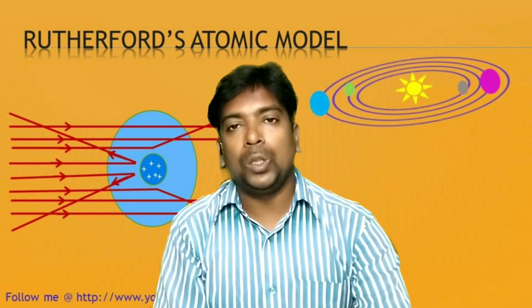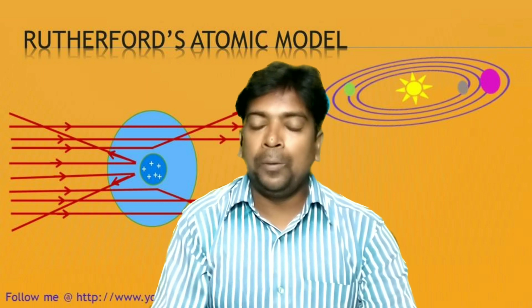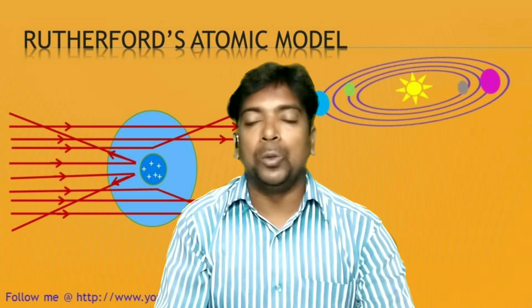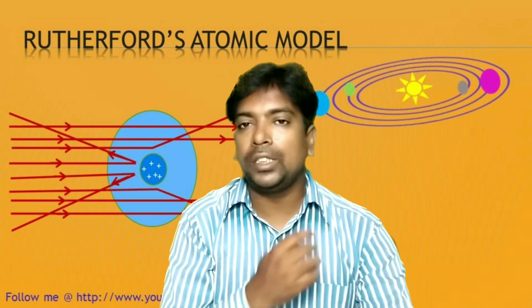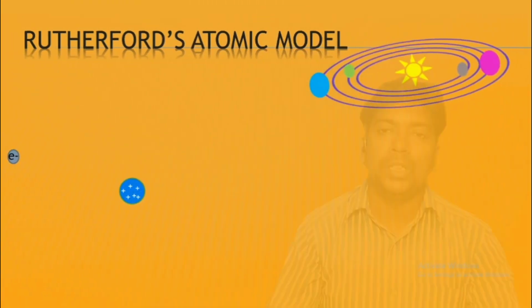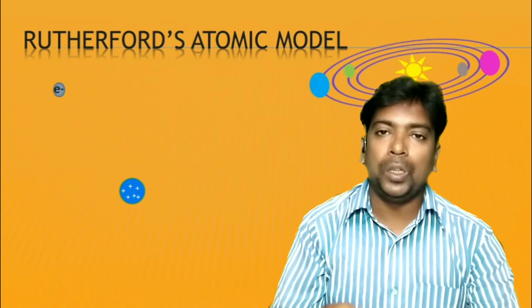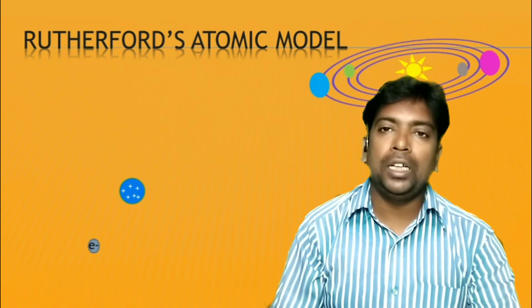According to the classical laws of mechanics, when a charged particle revolves in an accelerated motion, it must lose energy. The electron is a charged particle, so when it revolves around the nucleus, it must continuously lose energy. When it loses energy, it will come closer and closer to the nucleus, and finally it falls.